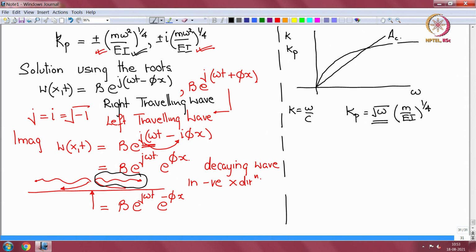And somewhere those two meet. These two cross each other somewhere. That frequency is called coincidence, I have mentioned this before, or critical frequency.